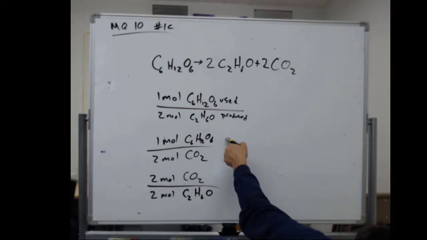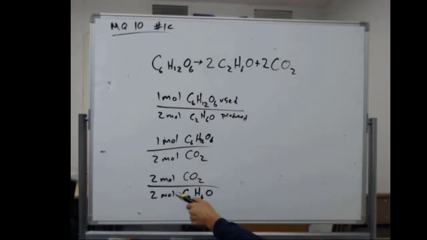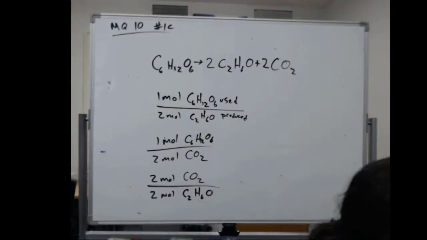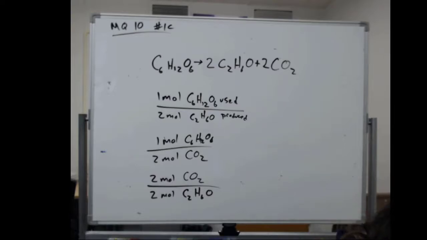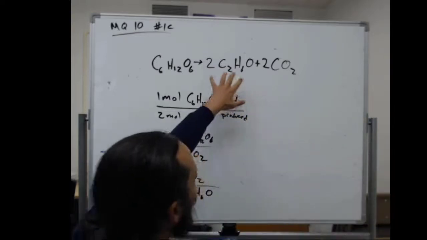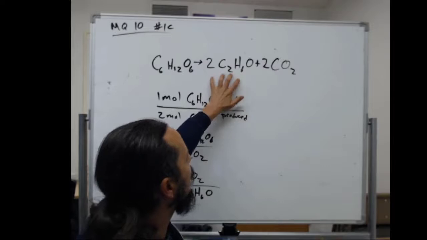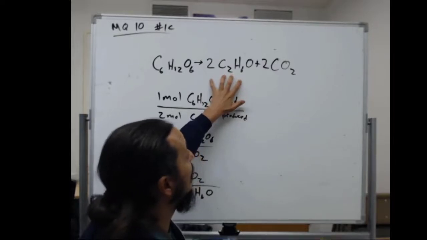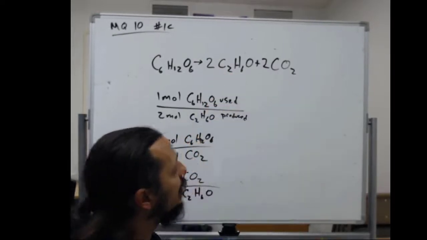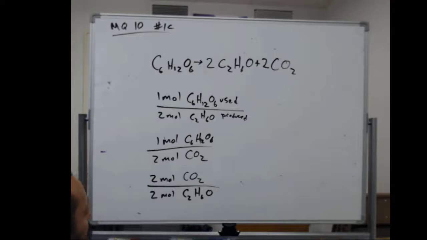And for part C, from the same product, it's just instead of being moles, it's grams. And for part C, it's asking for CO2 produced relative to the amount of C2H6O produced. And the chemical reaction tells us that for every 2 moles of C2H6O produced, I also need 2 moles of CO2 produced.